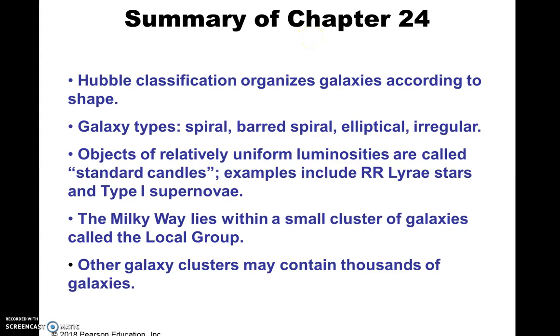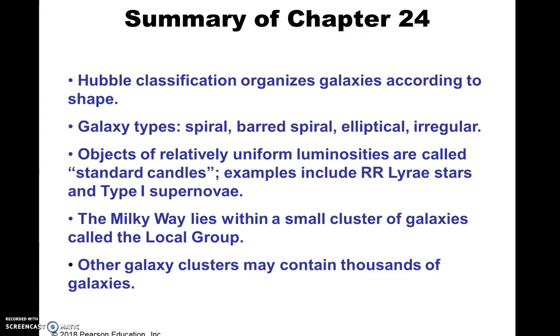The spiral galaxies, there are barred spirals and just regular spirals, and then there's Sa, Sb, and Sc, or SBa, SBb, SBc. It's capital S, capital B for barred spiral, and the a through c is the size of the nuclear bulge and how tightly the spiral arms are wound.